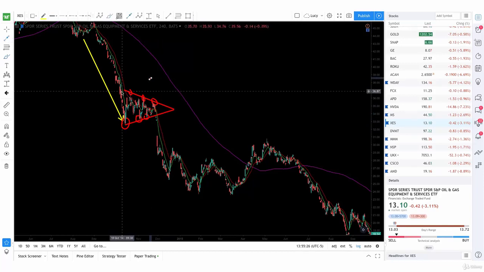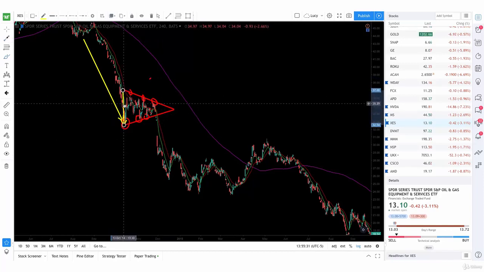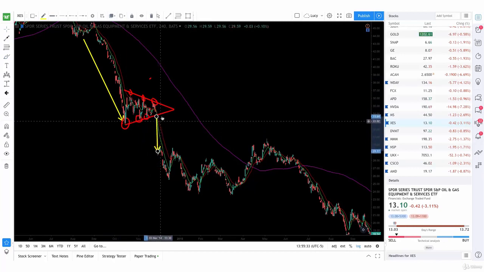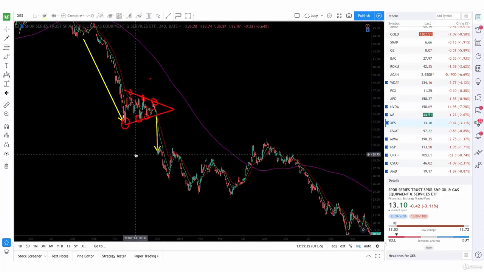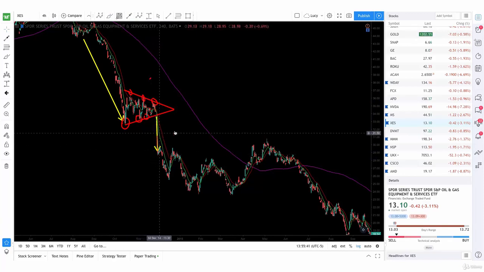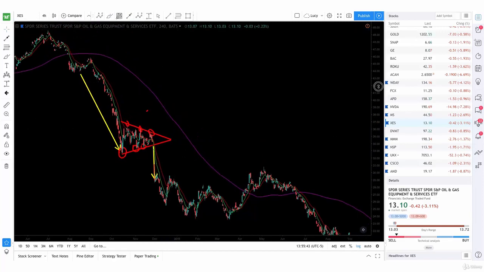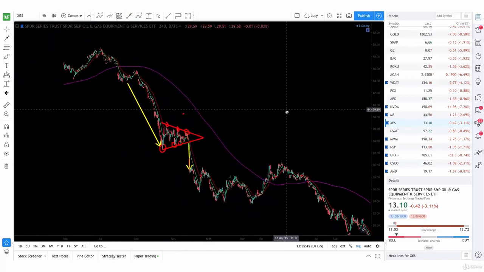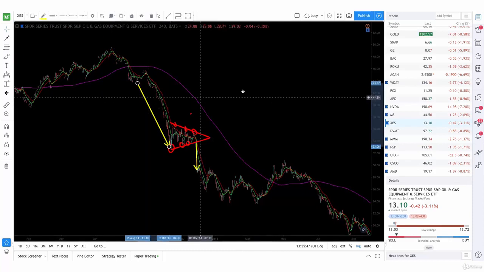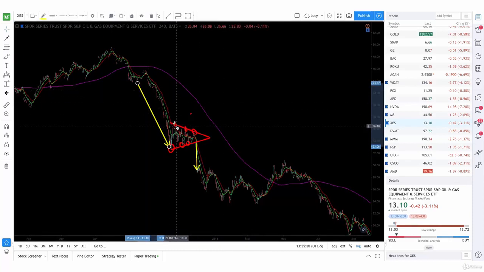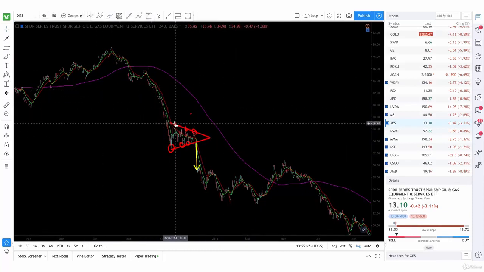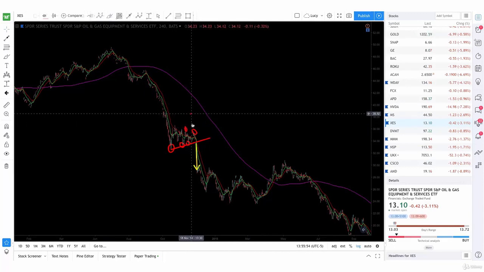Now, once again, we're going to measure the opening of this triangle, measure it up where it breaks, and right there will be a target. This will give you a take profit target right there. Also, here, it could be on the opposite side.